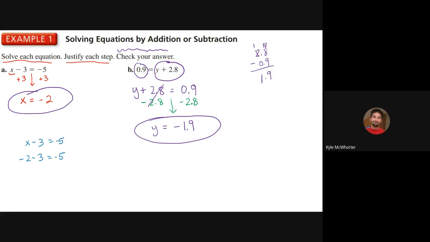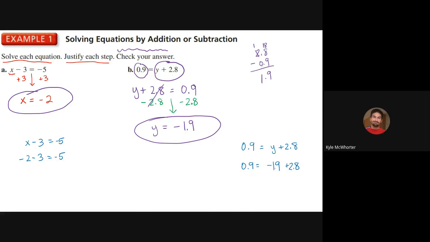And then to check for part B, 0.9 equals y plus 2.8. Substitute -1.9 for y. -1.9 plus 2.8. That's basically you're just going to do 2.8 minus 1.9, which we did up here, or no, we didn't.